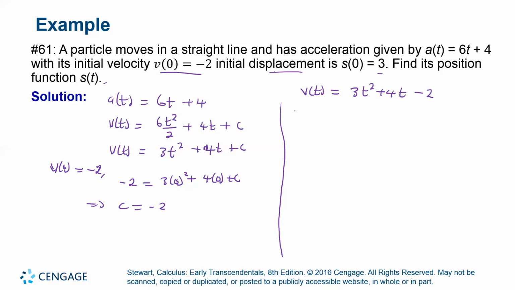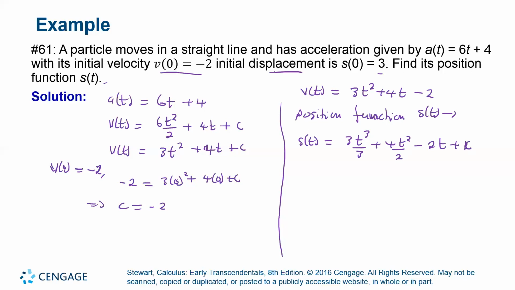Now, the position function s of t is the antiderivative of the velocity function. So s of t, we find the antiderivative of that, will be 3t cubed divided by 3 plus 4t squared over 2 minus 2t plus a constant, let's call it d or c1 or whatever.